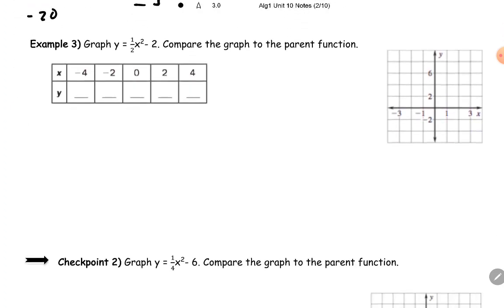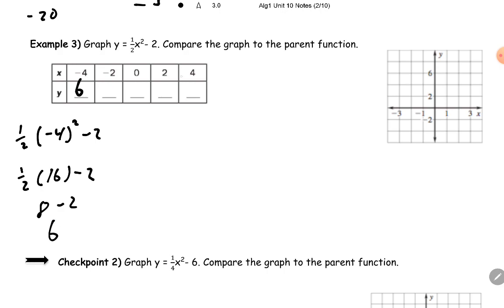Okay, example 3. Let's take a look. Okay, 1/2 times (-4) squared minus 2. So 1/2 of 16 minus 2 is 8 minus 2, which is 6. So luckily I can put a 6 here and a 6 there.